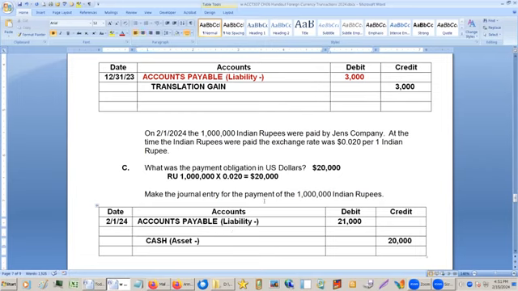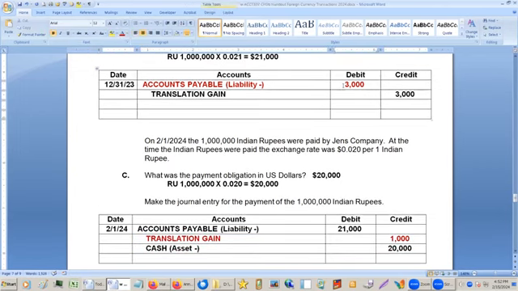Is that good or bad? Good. So 3,000 or 1,000 gain, right? Exactly. Yeah, so we had a translation gain of 3,000 that occurred in 2023. We recognize that.